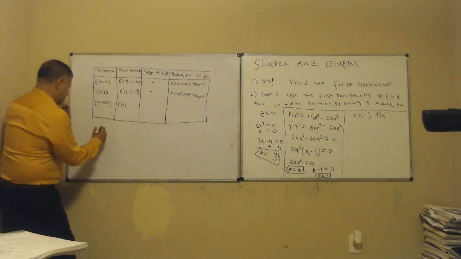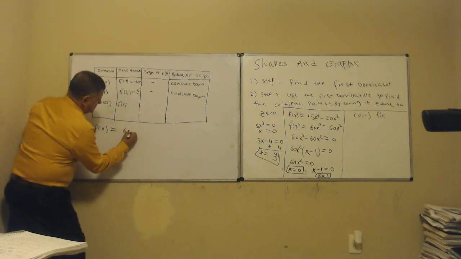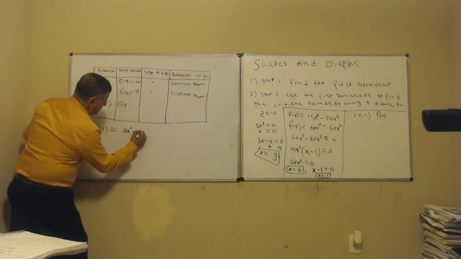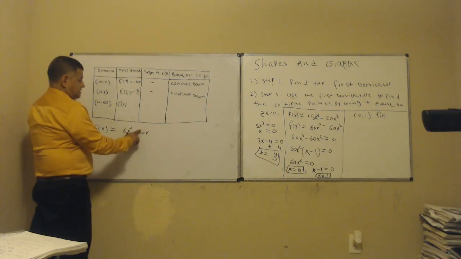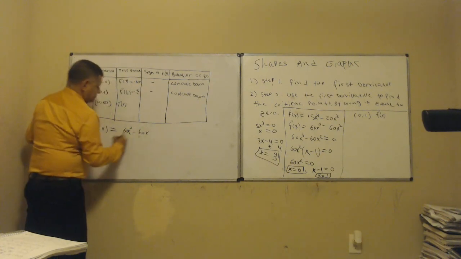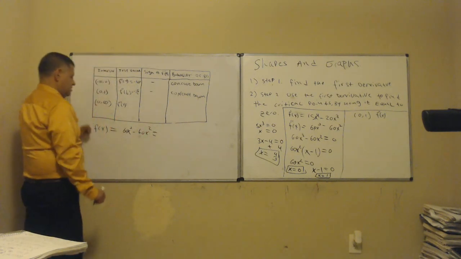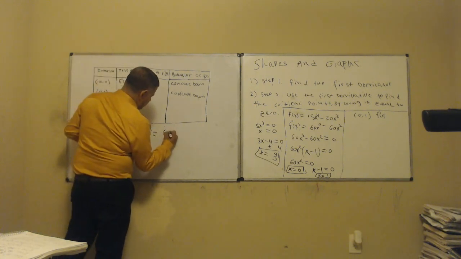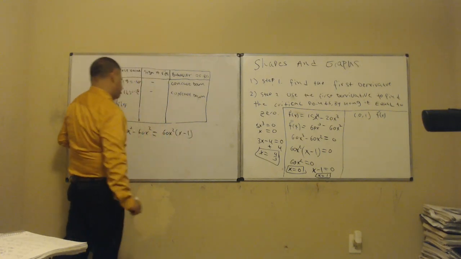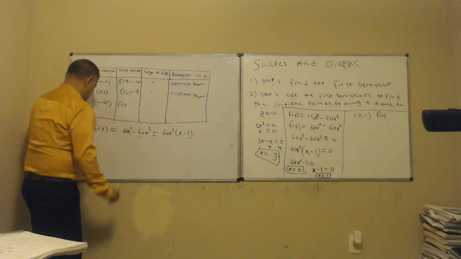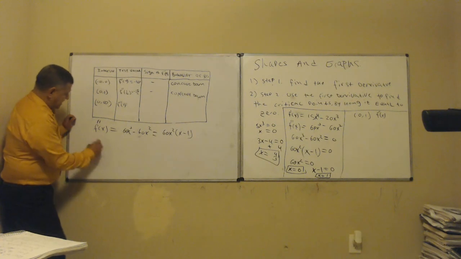So let's do it. f prime of x is equal to 60x cubed minus 60x squared. Factor it out and you get 60x squared times (x minus 1). Remember that it's a double prime, which is the second derivative.